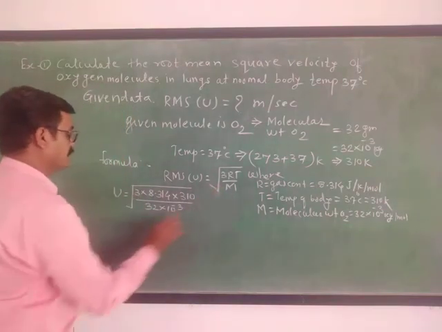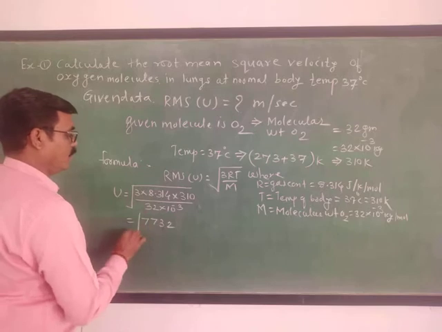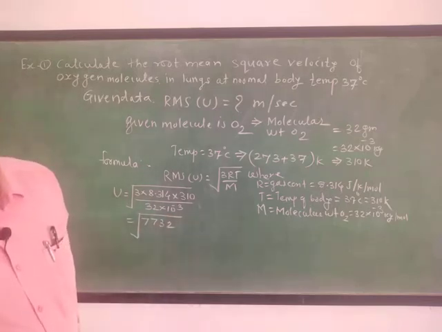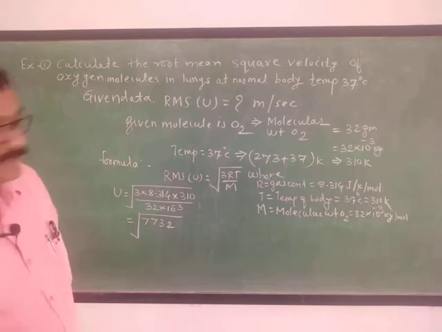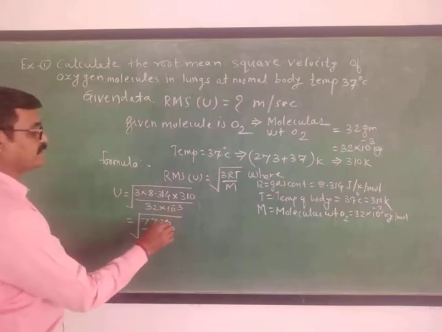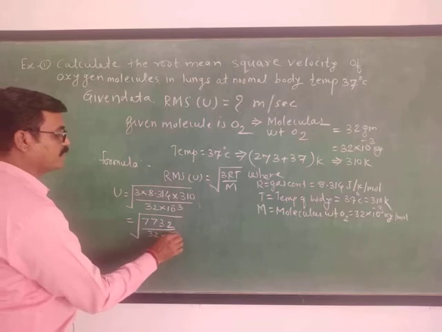The remaining values are as they are, 32 into 10 raised to power minus 3.